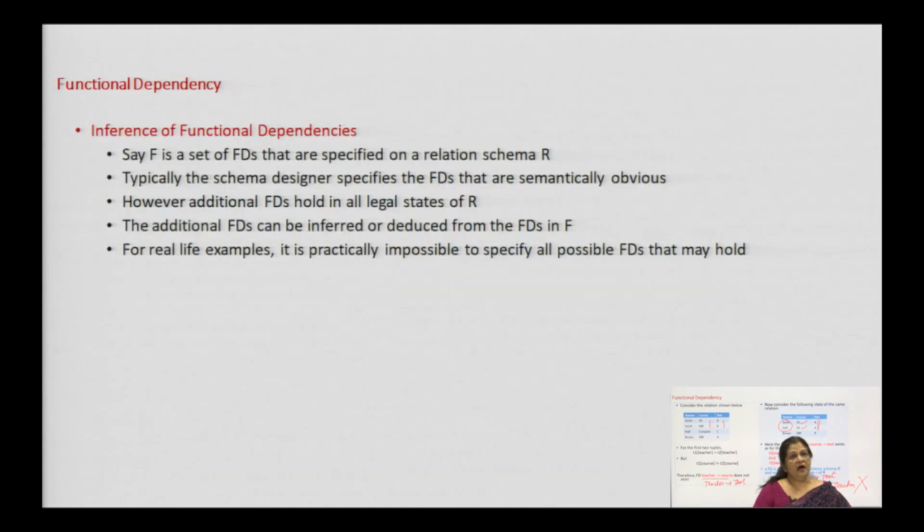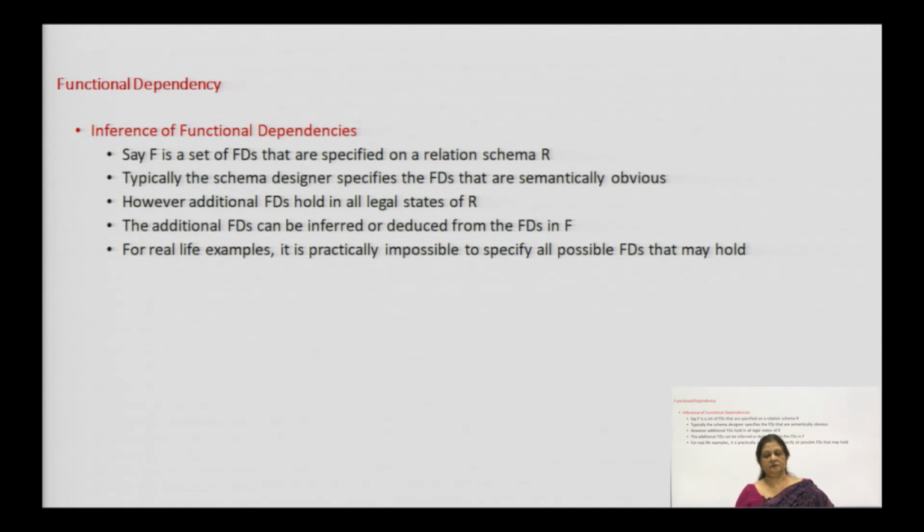Whenever a database designer designs a database, he will give some set of functional dependencies. However, in the legal states of the relation schema, there may be different functional dependencies depending upon the data. So, whenever a relational schema is defined, we may have some functional dependencies, but in addition to these, there may be even more functional dependencies.